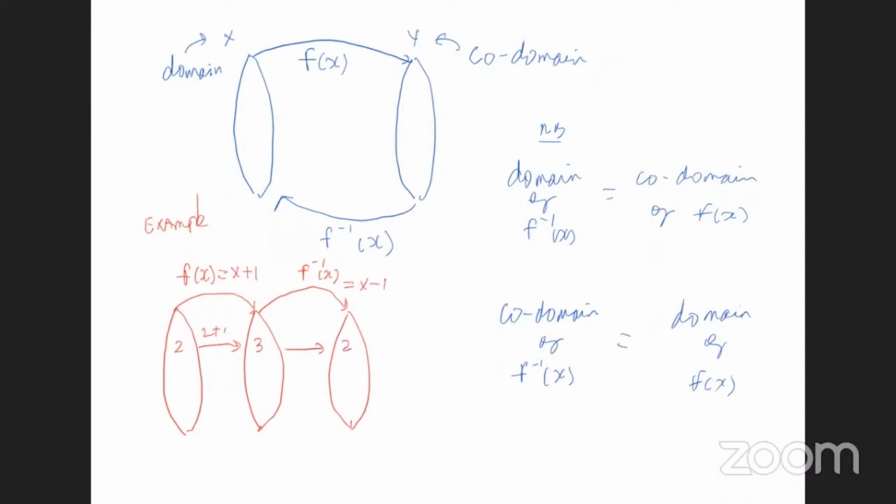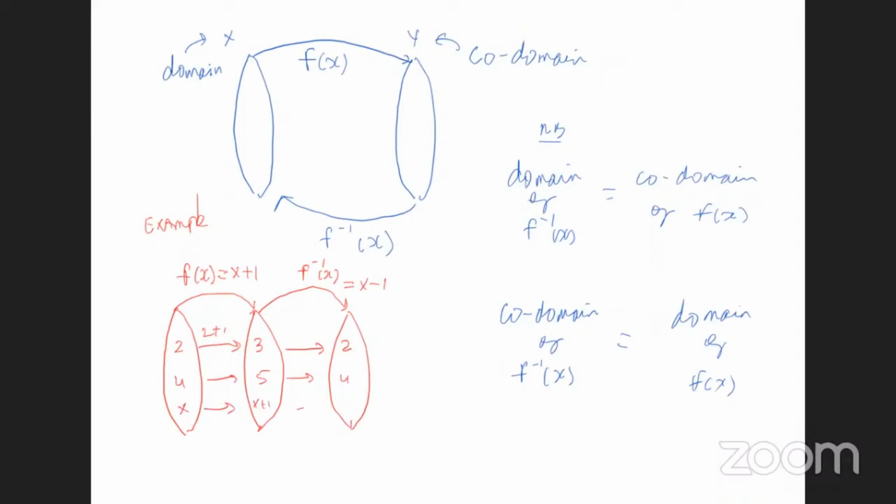You're seeing that? Suppose I had 4. 4 will be mapped to what? 5 will be mapped to what? Are you okay with that? So let's go generally. x is mapped to what? x plus 1.